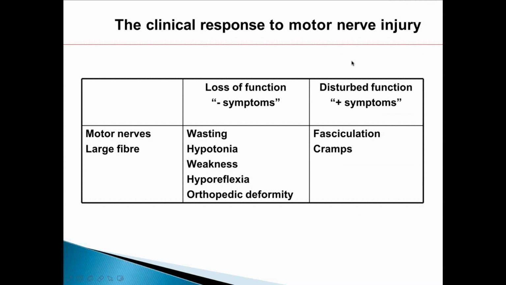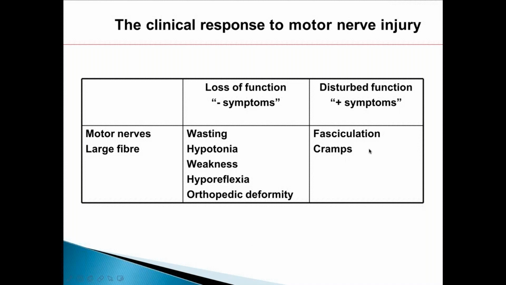Next, we are looking at motor nerve injury. There are some pure motor nerves or mixed nerves, and in motor nerve injury with the large fiber, the negative symptoms might be wasting, hypotonia, areflexia, orthopedic deformity. This constellation of symptoms is usually encountered in mononeuropathies. So when it is a mononeuropathy, usually the first thing that comes to your mind is entrapment, and it is usually an orthopedic phenomenon.